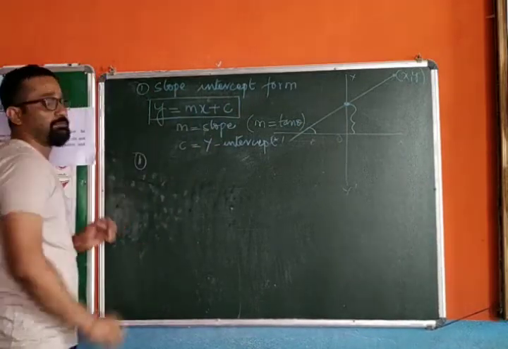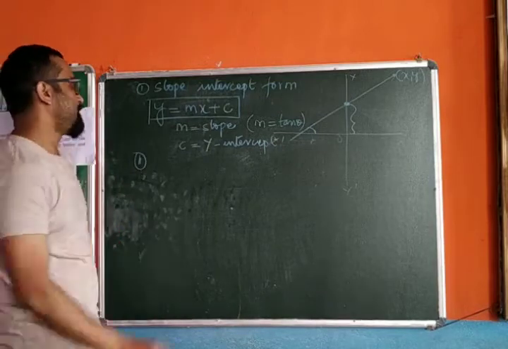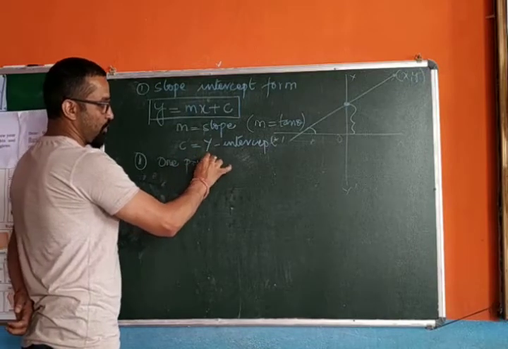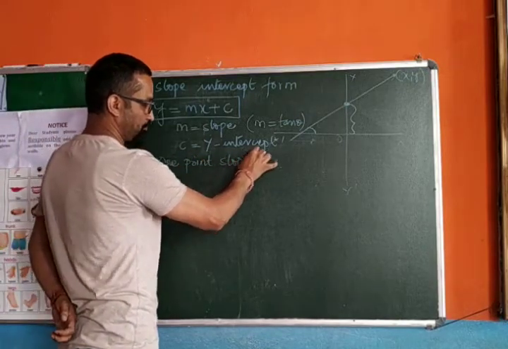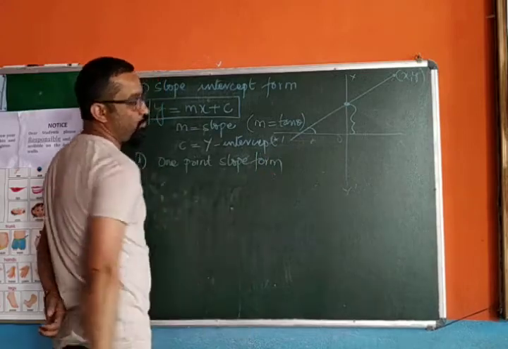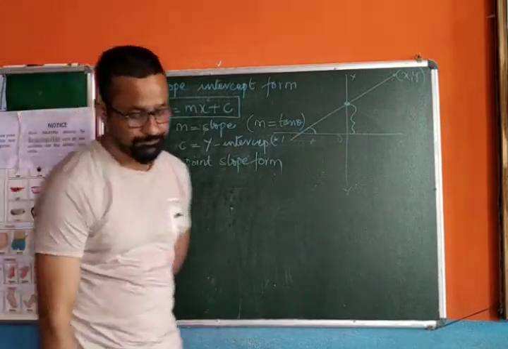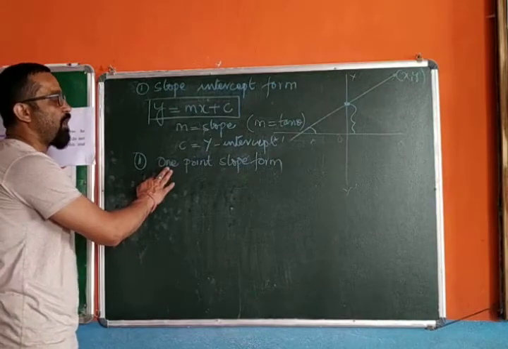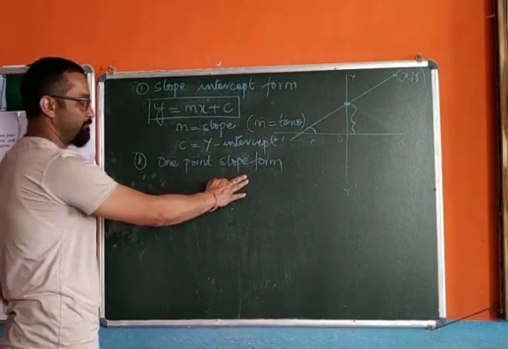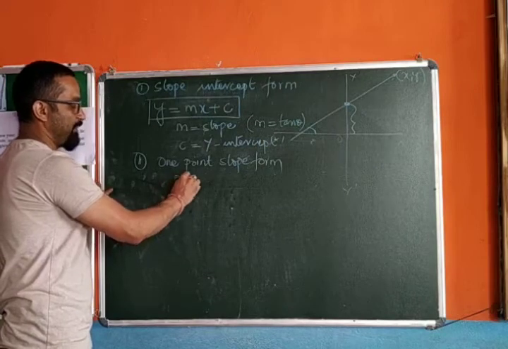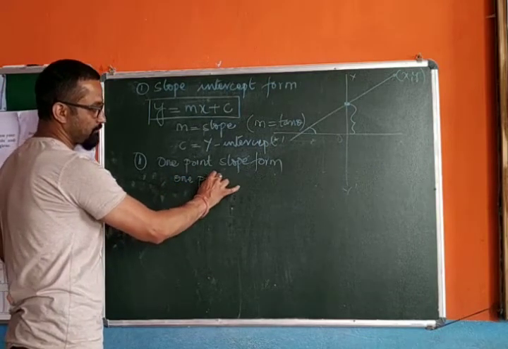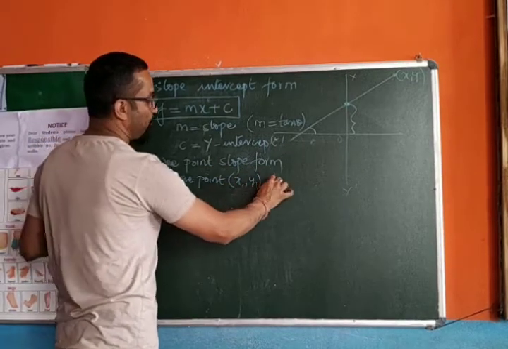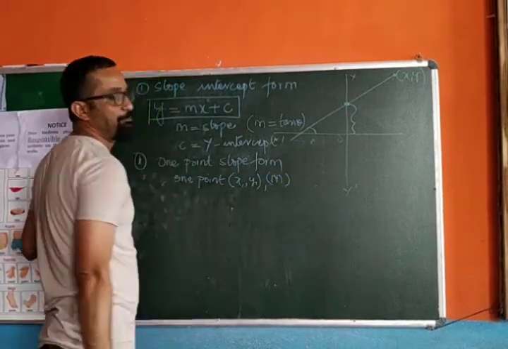Second formula, which is important, it is called one point slope form. In order to calculate equation of straight line when one point and slope are given, one point will be given as x1, y1 and slope is given by m.